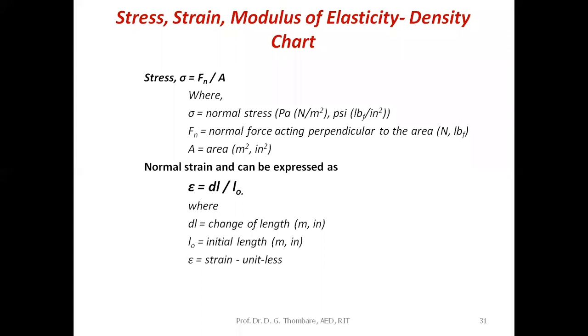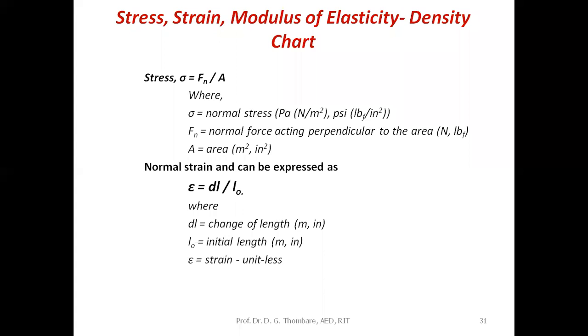The second term is strain. Strain is nothing but change in length divided by initial length. Whenever you apply a load, here load means a tensile load. Tensile means you are pulling. Suppose you have taken a rod in your hand and you pull it. Now what happens when you pull it? If it is made of elastic material, you can see that it will get elongated.